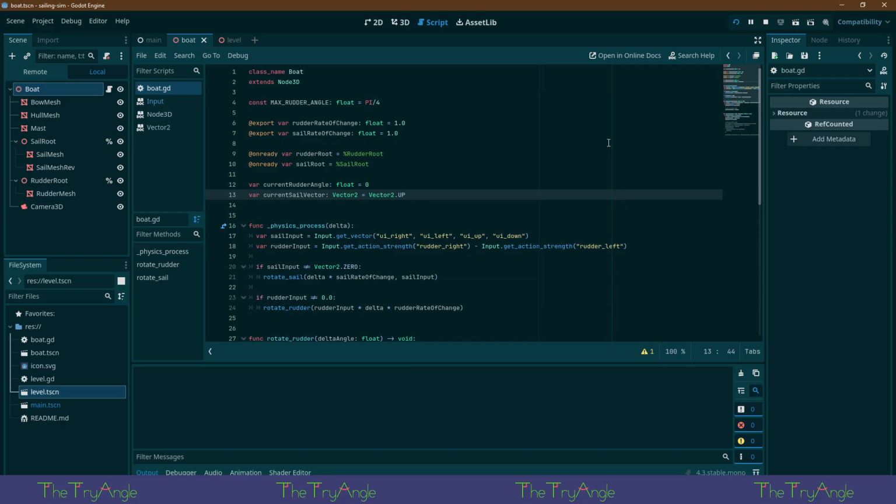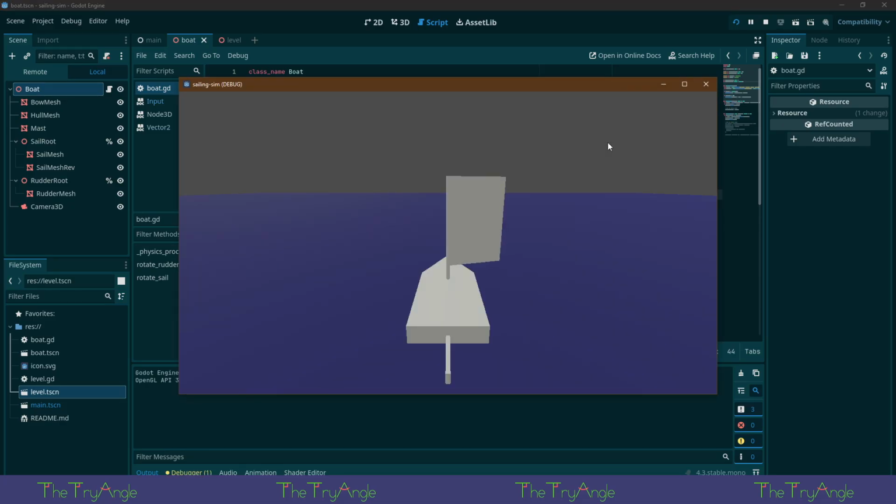All right, I don't know. Maybe if we just flip everything around. Okay, if we flip everything around, it's actually reading the input properly, which is good.